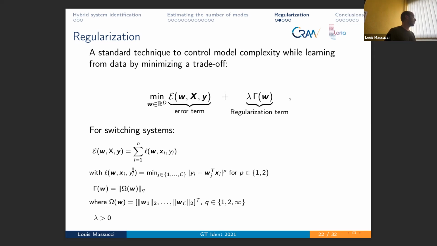The error term is defined as the sum of the loss, and here we have a novel regularization term that corresponds to the norm of the complexity of all the submodels that we have in the system.